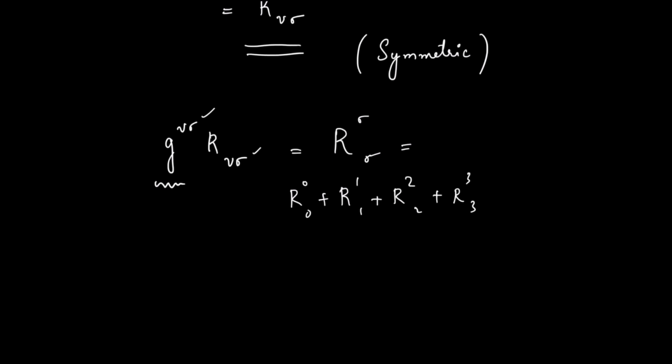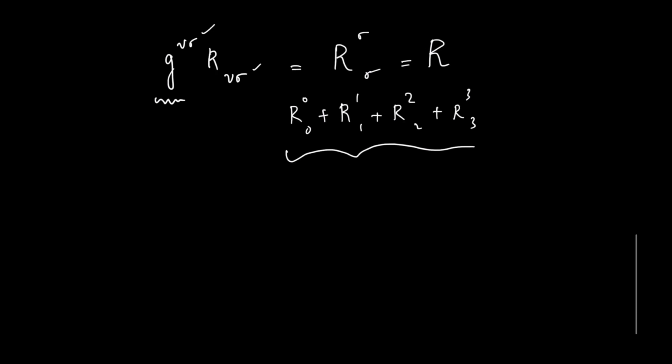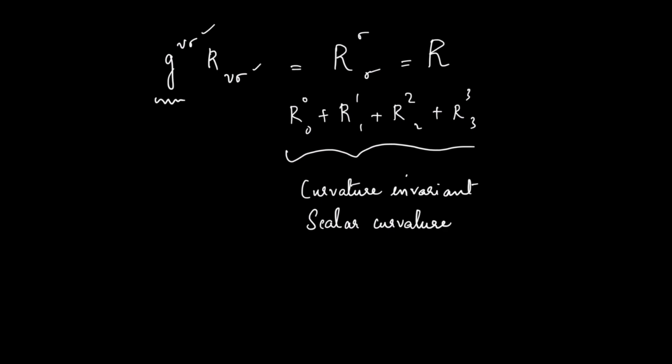So let's represent it by R. If I multiply the Ricci tensor with the fundamental metric tensor, I get the curvature invariant, or the scalar curvature, or another name, the Ricci scalar.